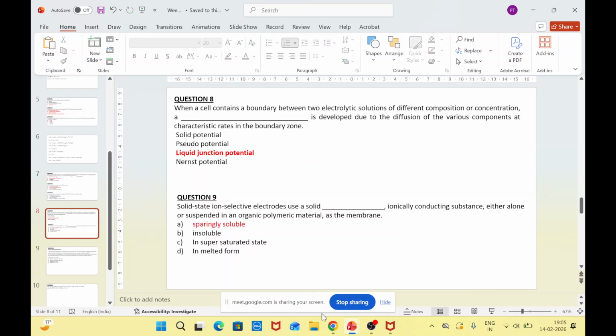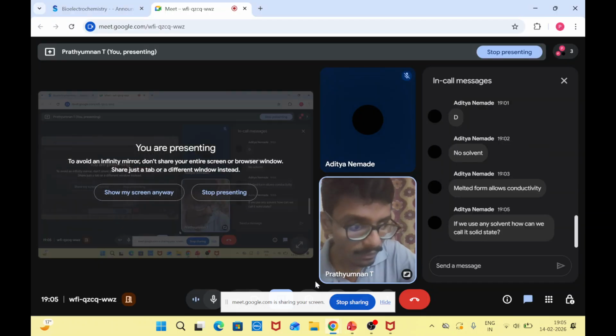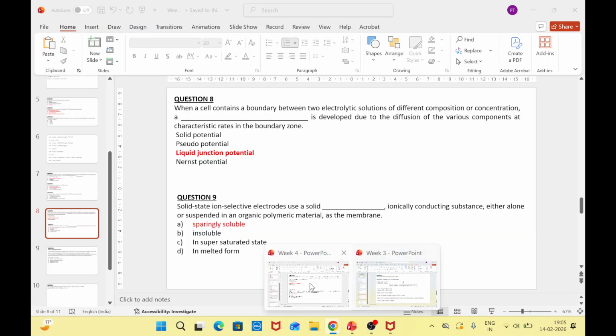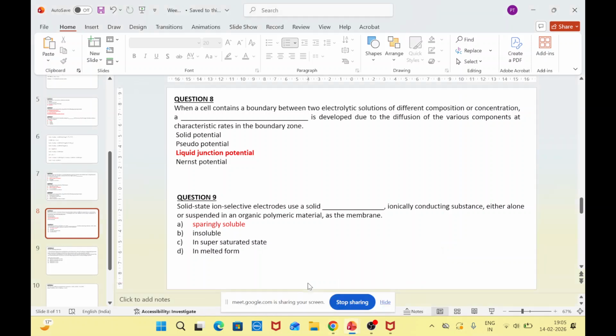So shall I move to the next one, or any queries? We do not use a solvent. If you read the question, in the case of a solid state ion selective electrode, we use a solid, but that solid should be sparingly soluble.